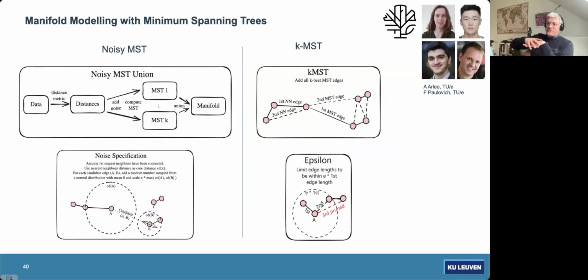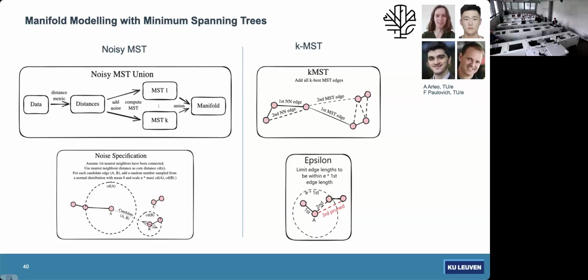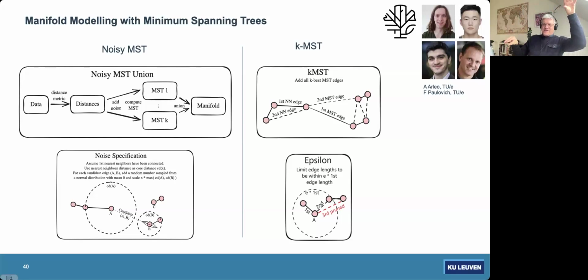You basically just add them to each other. So let's say you have 4 points, and based on your distance matrix, you connect the 2 at the top, the 2 at the bottom, and then the 2 on the right. So you have the top, right, bottom.